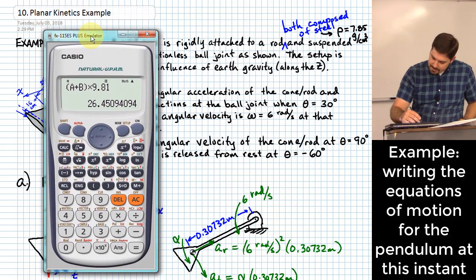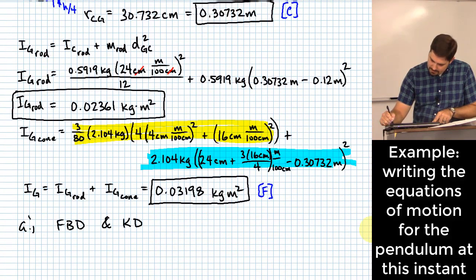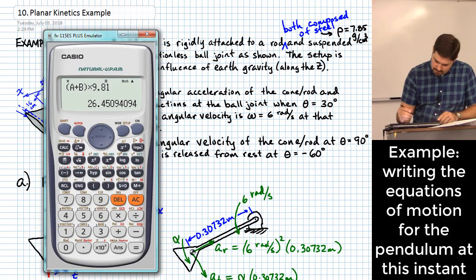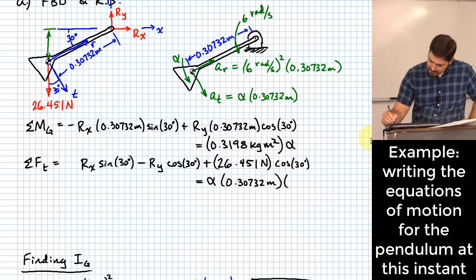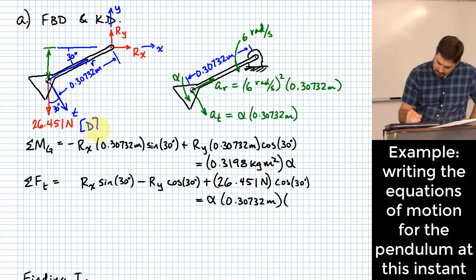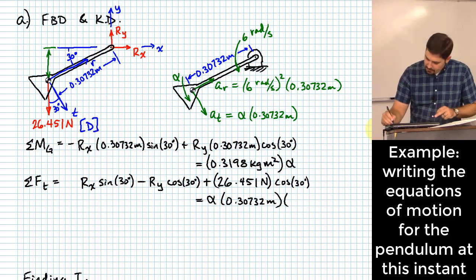Before I actually lose this, let me save this somewhere. Let's see, I haven't used D yet, I don't think. Yeah, I'll use D. Okay, so that gives me that value right there. But that's not what I wanted to deal with.